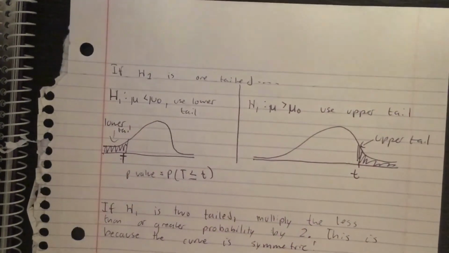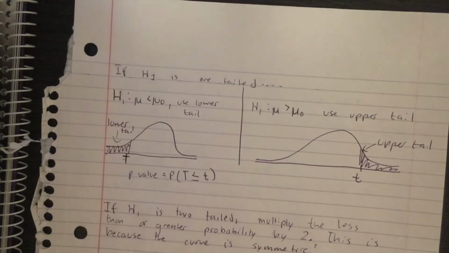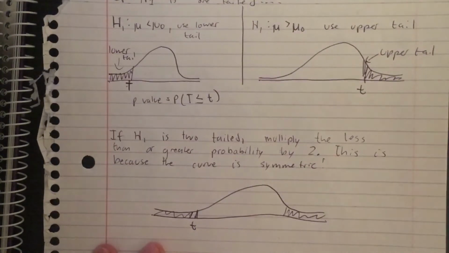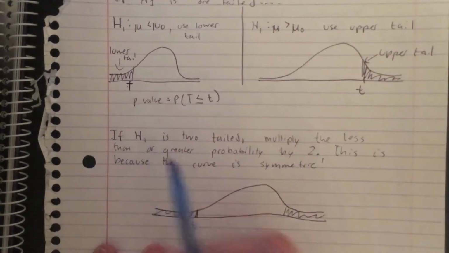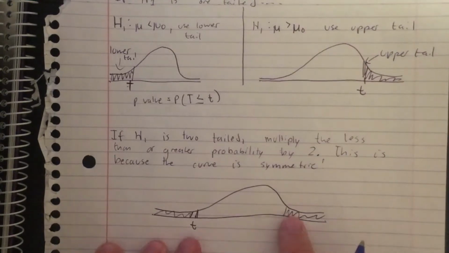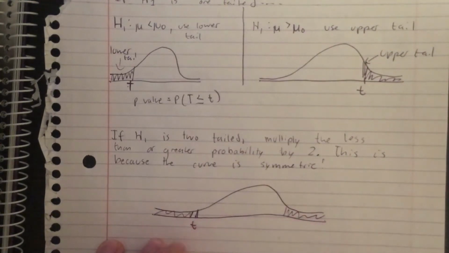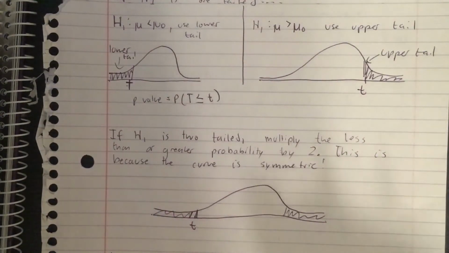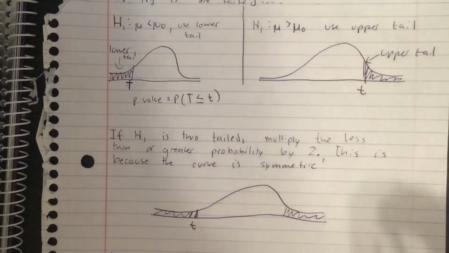Generally, those p-values are just going to be represented by whatever proportion of the curve that t value is taking up. If your alternate hypothesis, H1, is two-tailed, then whenever you plot your value of t, because we've got two tails, we're going to be multiplying that tail value by 2. We'll look at that more in just a second.